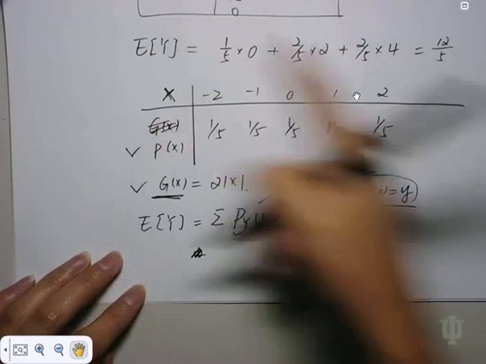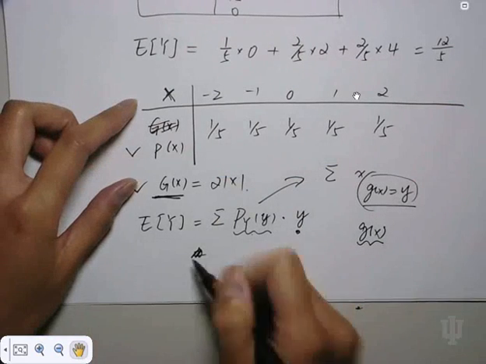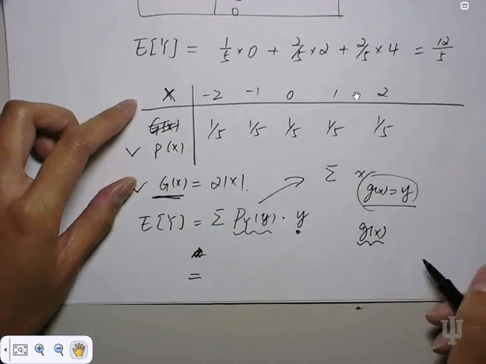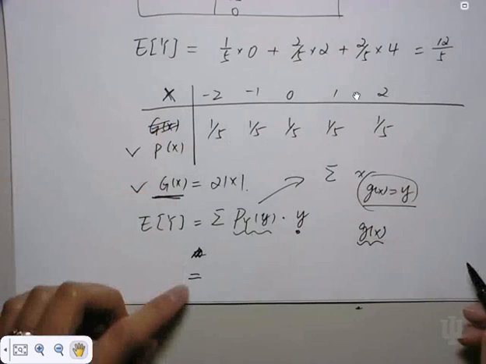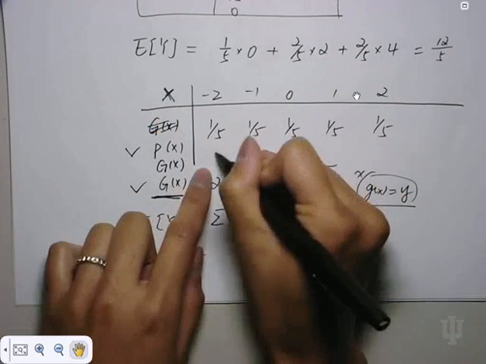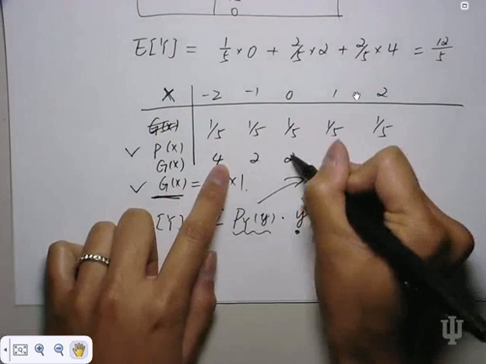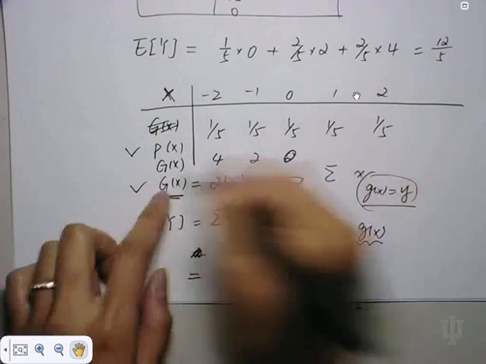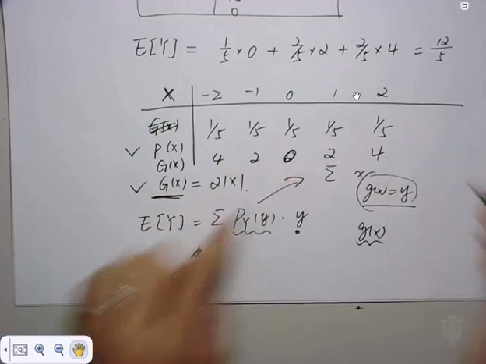So for this particular example, g of x is 4, 2, right?